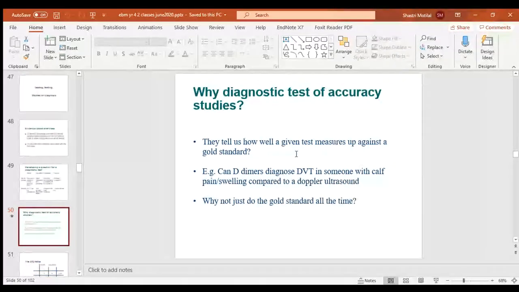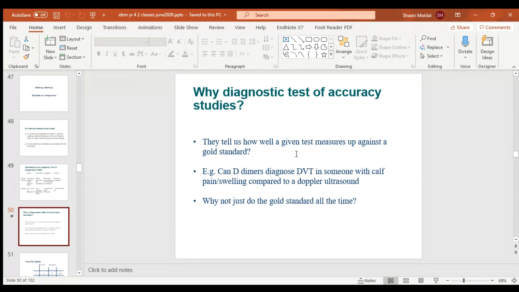Not everyone coming in with calf swelling and calf pain has a DVT, as you all may know or soon realize, but it's one of the big differentials, especially if a person has unilateral calf pain and swelling. So in a patient who presents with calf pain and swelling, that's the P, can D-dimers, that's the I, compared to Doppler ultrasound, that's the comparison, in this case the gold standard, give us a diagnosis of DVT.